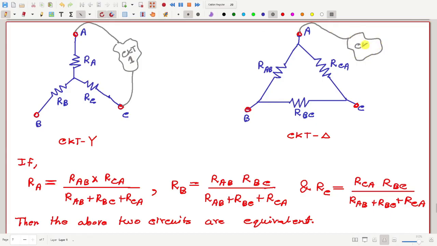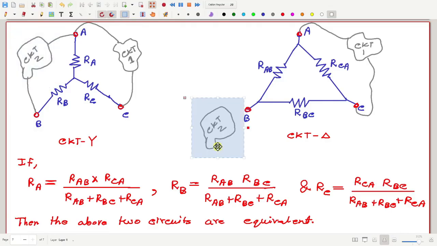Here I connect some other circuit, circuit 2, between A and B, and the same circuit I will put on the right side as well.